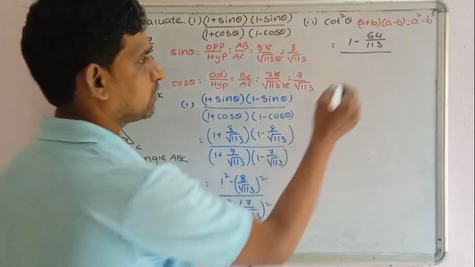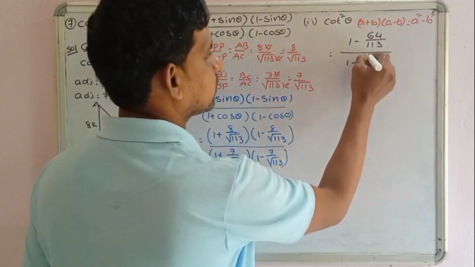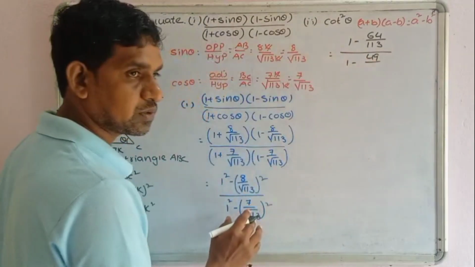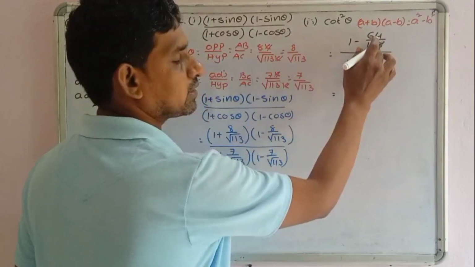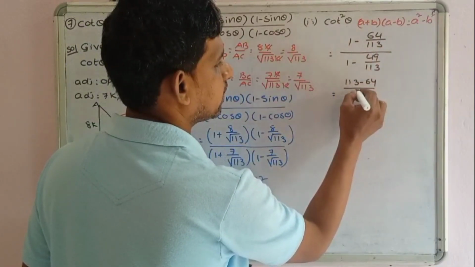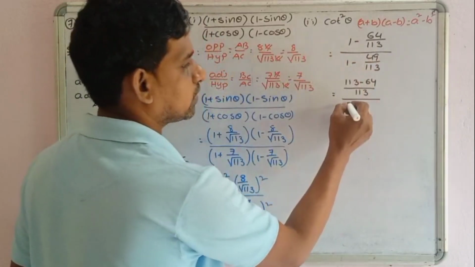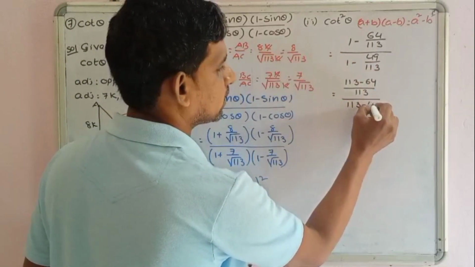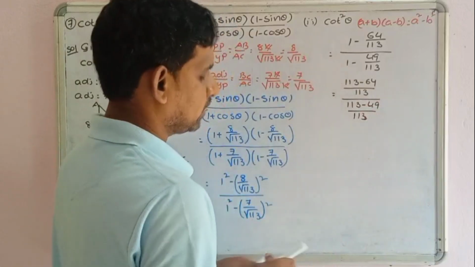Divided by 1 square, 1 minus 7 square, 49 by square root of 113 square, is nothing but 113. 113 times 1 is 113 minus 64 by 113, divided by 113 into 1 is 113 minus 49 by 113.